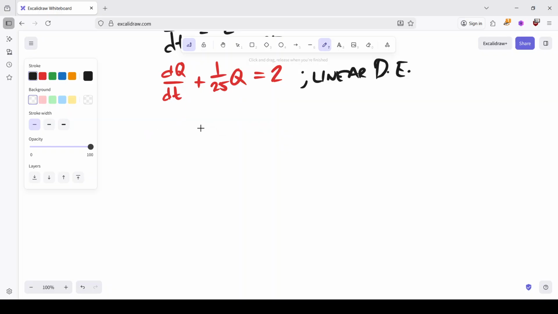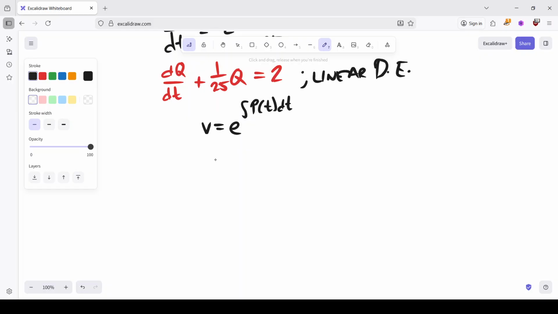Step 1 of our linear DE, we solve for v, which is e raised to the integral of p of t dt.